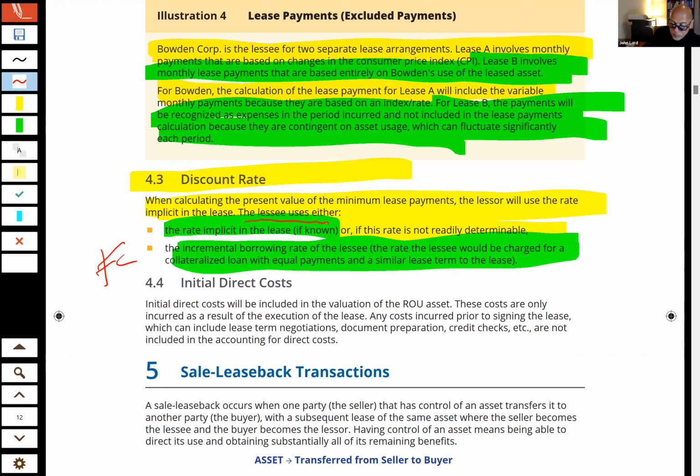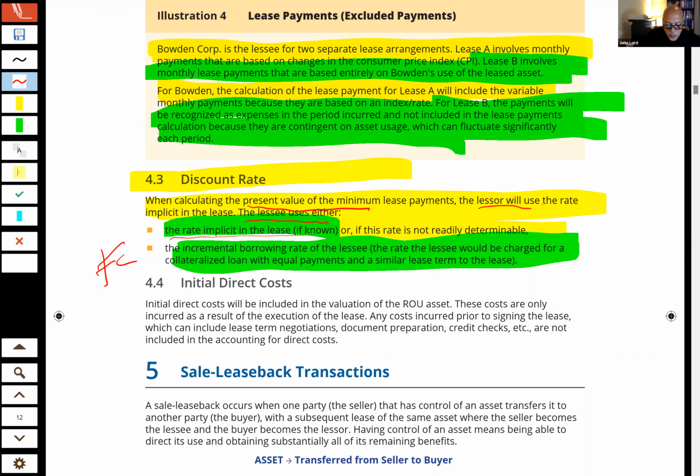Then you figure out the present value of the minimum lease payments using either of those. And if they're telling you the rate implicit in the lease, it has to be known by the lessee. So even though the lessor will know the rate, the lessee may not know the rate, and so you'd then use the incremental borrowing rate.